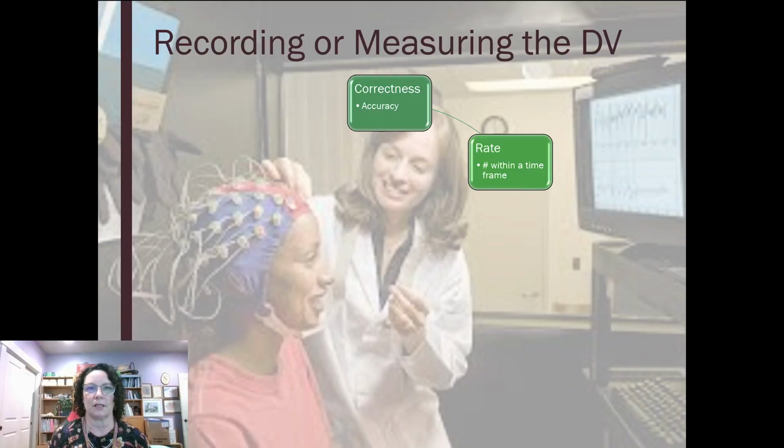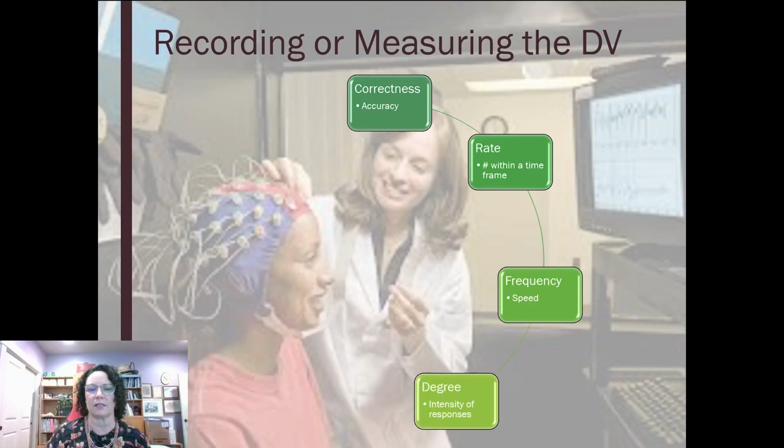How many words did they generate? How quickly were they generating these words, right? These would all be examples of rate. Frequency is tied to rate. I mean, you're going to have a higher rate if your frequency is larger. Like how quickly are you generating words? How often are you doing it would be another way of saying frequency.